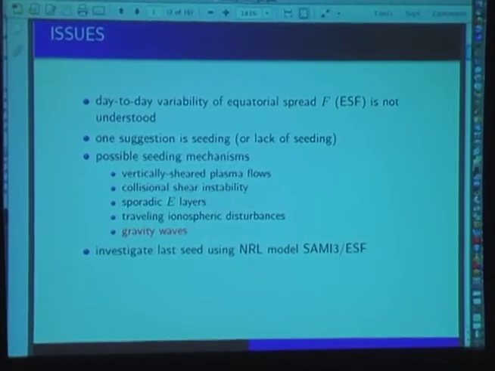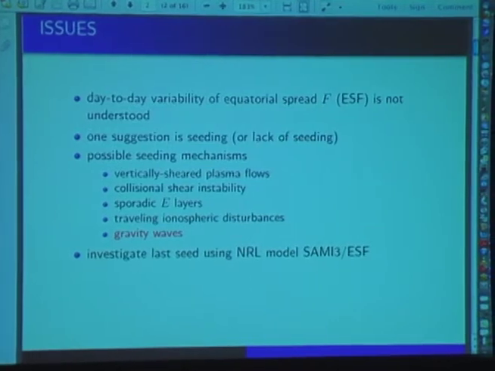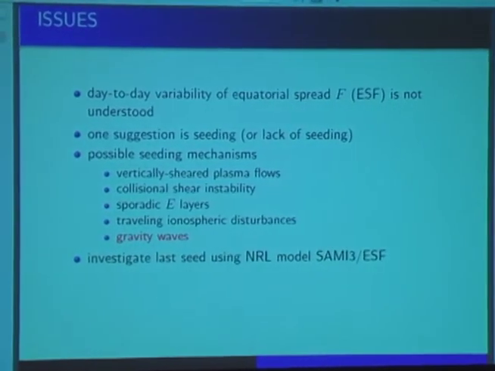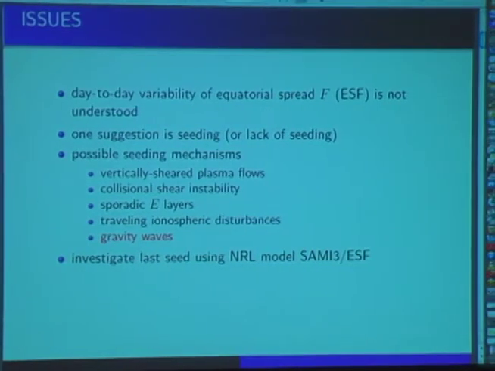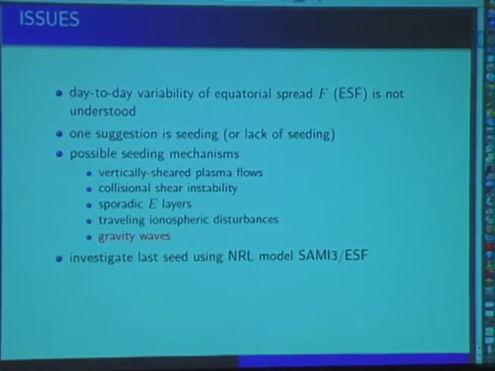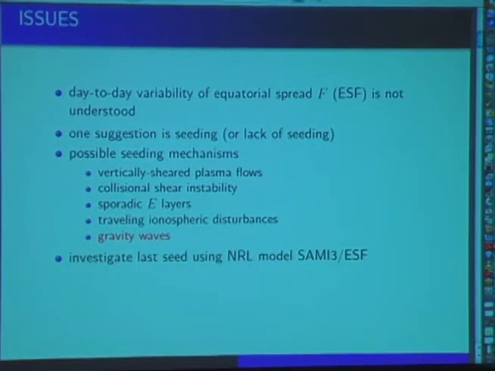But be that as it may, equatorial spread F is a post-sunset phenomenon, usually in the equatorial ionosphere, where the ionosphere becomes horribly unstable. The bottom side of the ionosphere has a gradient opposite to gravity, so it's like a Rayleigh-Taylor instability that just blows up, and you get giant plumes of electron density bubbles just rising up, sometimes over 1,000 kilometers, and it disrupts communications and GPS and the like.